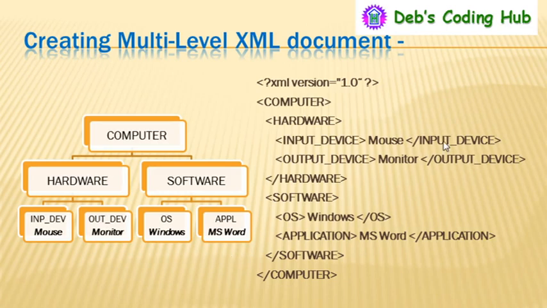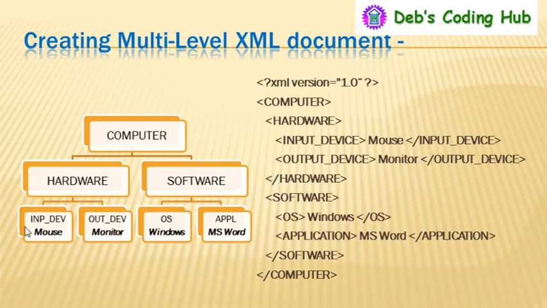The first line is static in every XML document. We should not think much about this. Then computer is the root element. I have written computer here and it will close at the end. And inside computer I have two children. So I have written hardware and closed hardware.